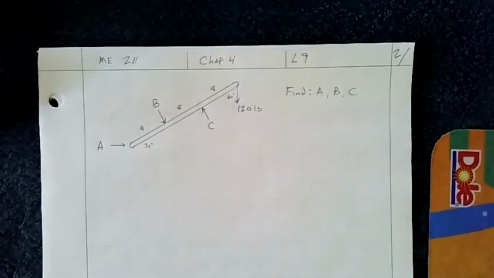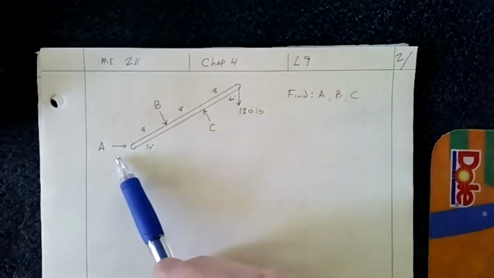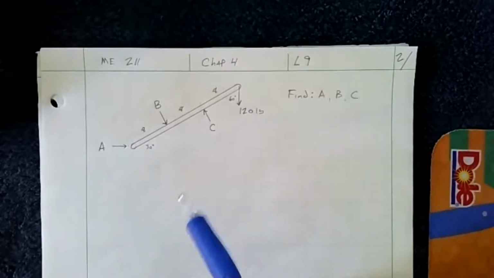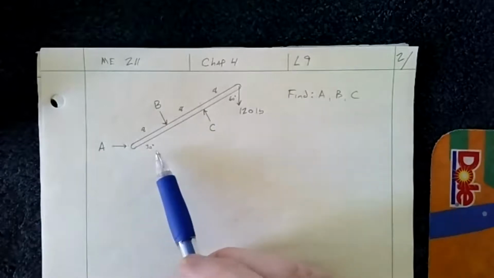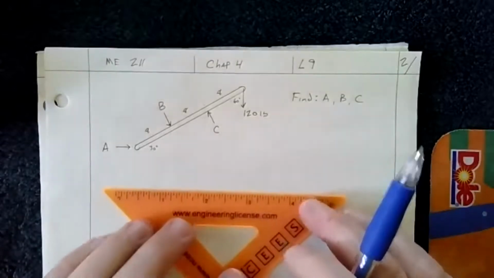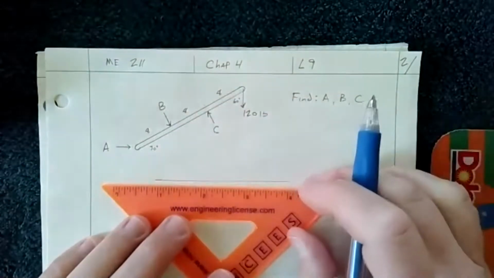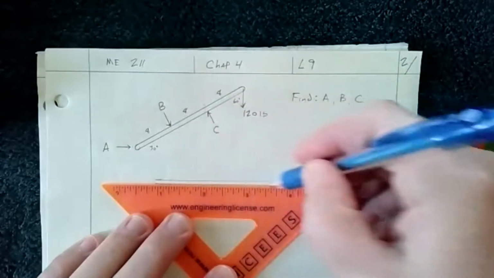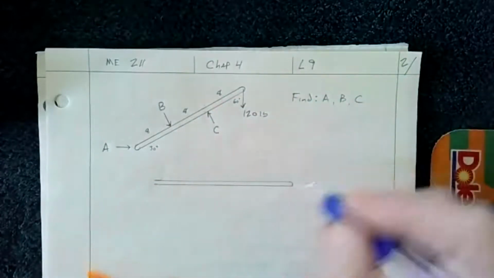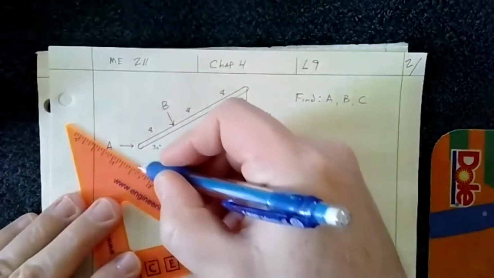Now, one of the things, if you ask yourself is, well, I have 1, 2, 3 unknowns. How am I going to do this? So you want to think about how you set up your axes. Now, if I were to take this object and draw it so that it was straight, then I could draw my A like that.